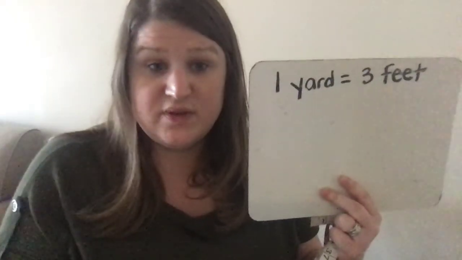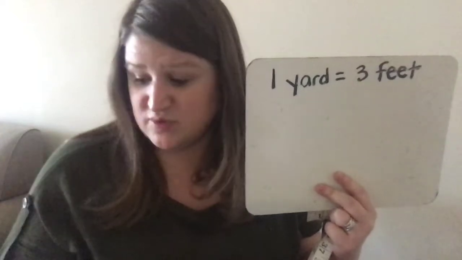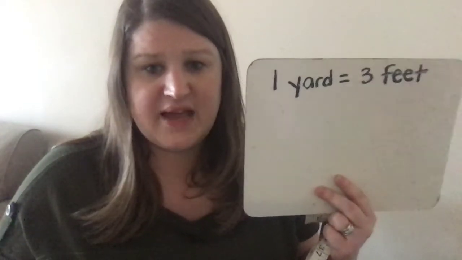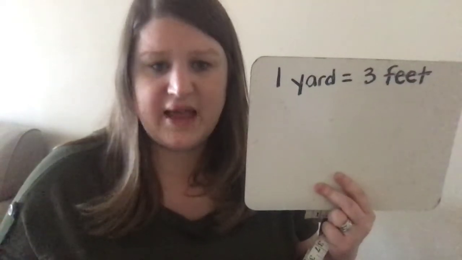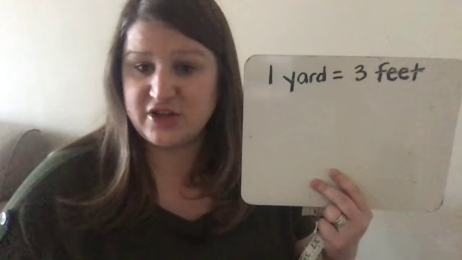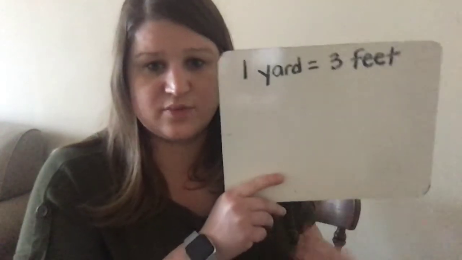Now you're going to be doing the same thing on this email as you did with the other one when we were talking about feet and inches. But this time we're talking about yards and feet. So if you have 1 yard, I just showed you and we talked about that equals 3 feet. Now we're going to do what we did before. Now, what if you have 2 yards?